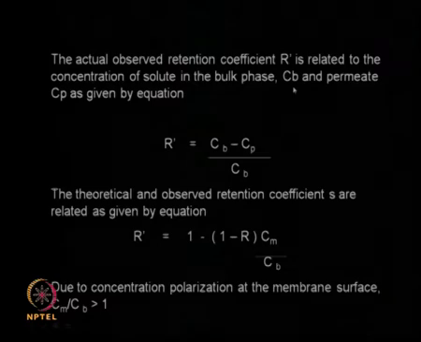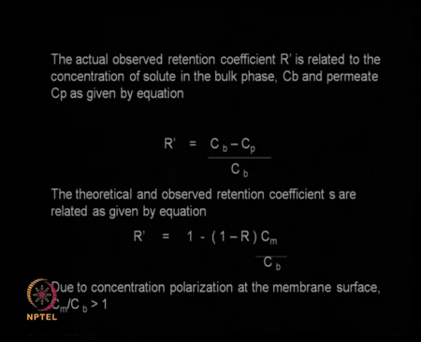So, we have now defined two different retention or rejection coefficients, one is called R, the other is called R dash. R dash is based on what we actually observe, it is based on Cb, that is the concentration in the bulk, minus Cp, that is the concentration in the permeate, divided by Cb. So, by combining both we can get R dash equal to 1 minus (1 minus R) Cm by Cb.